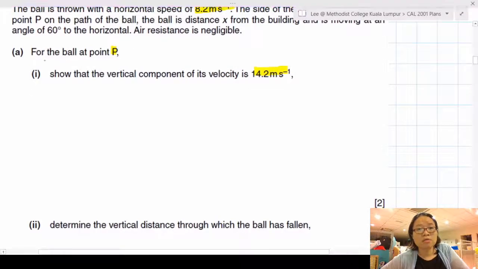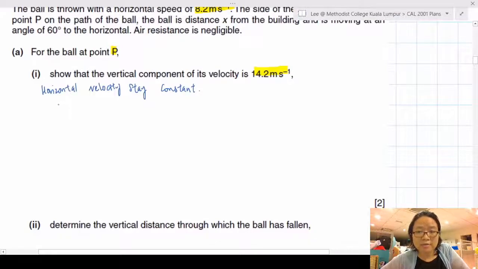So after this, they ask you to show the vertical component is 14.2 meters per second. So you might be thinking, I don't know where the value of V is, and I don't have the STUVA. But what I do know is that the horizontal velocity is always the same because there's no horizontal acceleration.